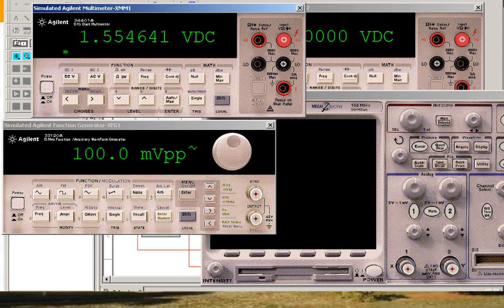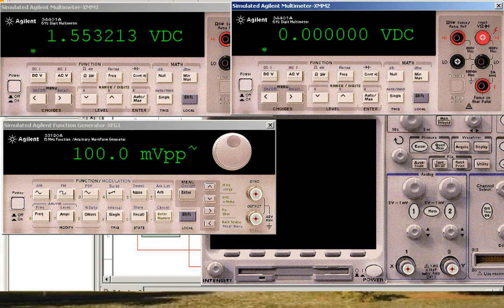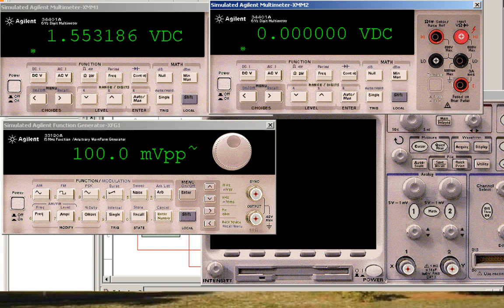Alright, so we've got our bias voltage. That's showing 0 volts. It says it's open right now.